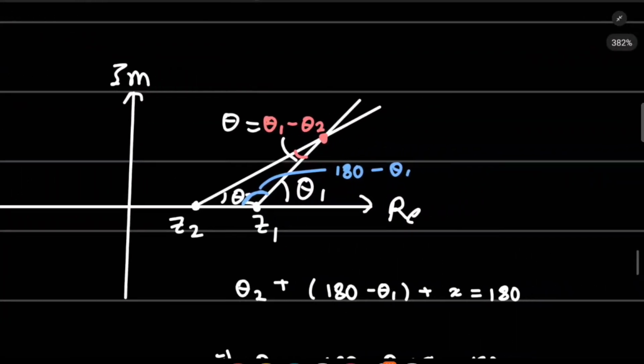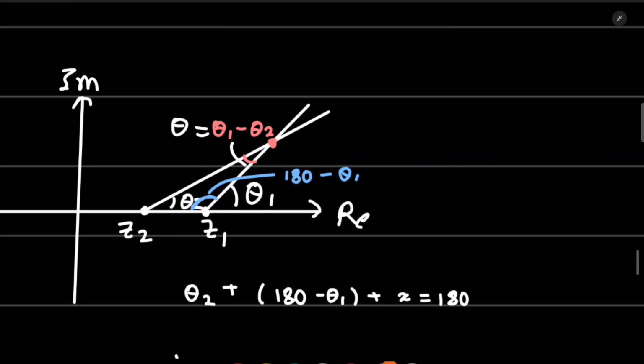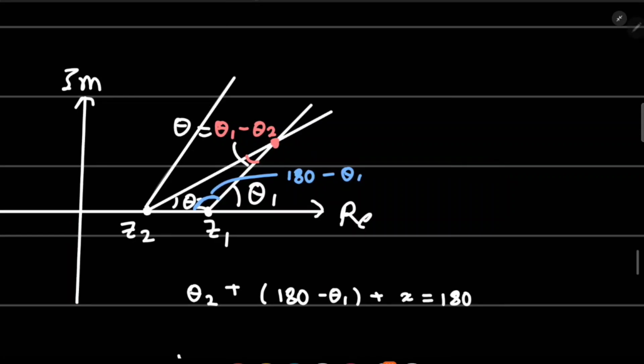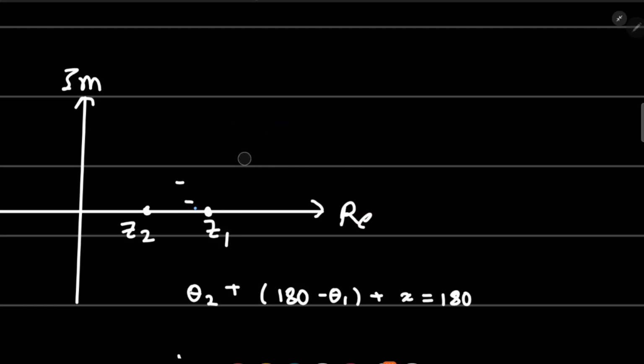Now this isn't the only angle that it will work for. If this is my theta 1 and this is my theta 2, well, they'll be from the same points. So let me redraw this at another angle. So I have another angle theta 1 and another angle theta 2. My theta is still the same, but it's at a different point.